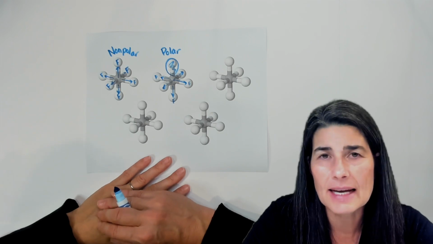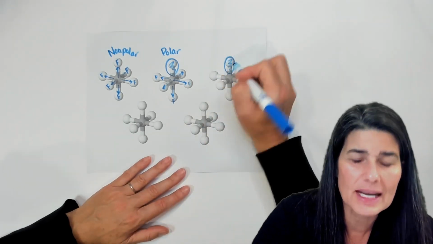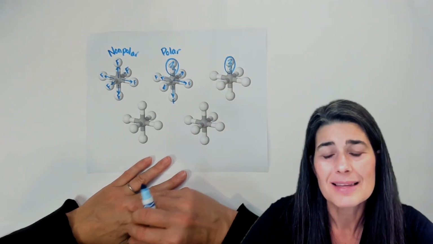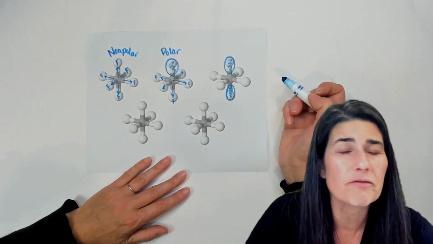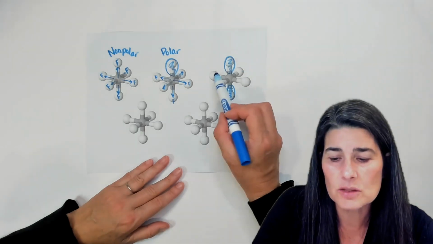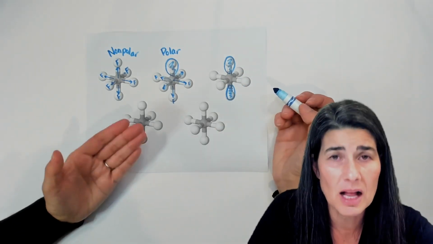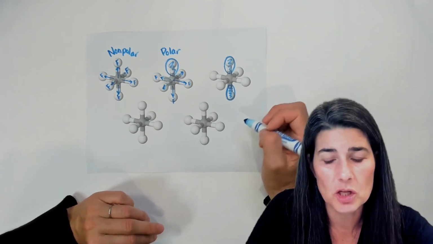Let's add a second lone pair. So if I put my first lone pair on the top, it's important to know where the second lone pair goes. The second lone pair is going to go on the bottom, as far away from the top one as it can. That leaves us with a square that's flat, a square planar molecule. Well, let's go ahead and look at the polarity of this molecule.